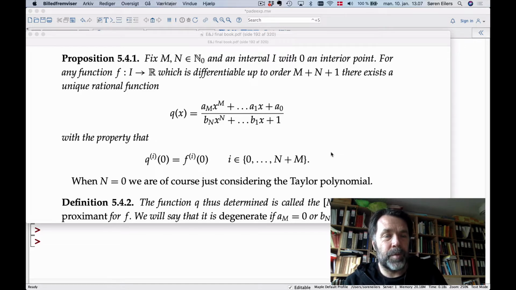So the basis of this idea is to look at rational functions. Whenever you have power series, we have some numbers C0, C1, C2, and so on.